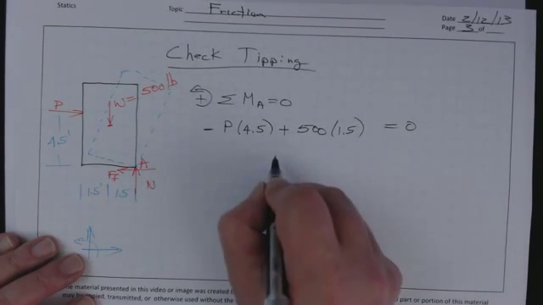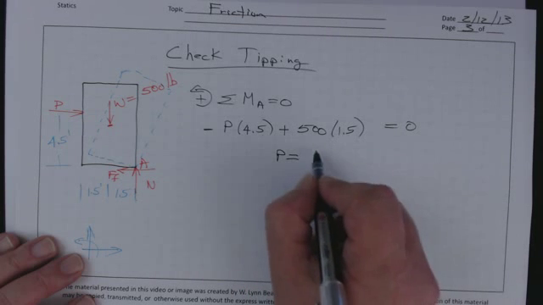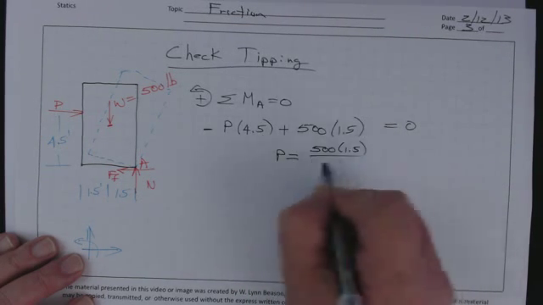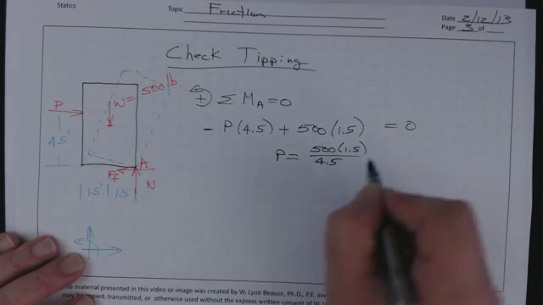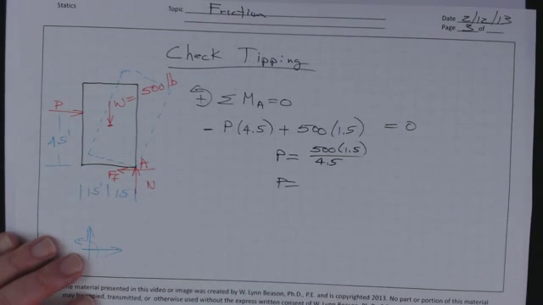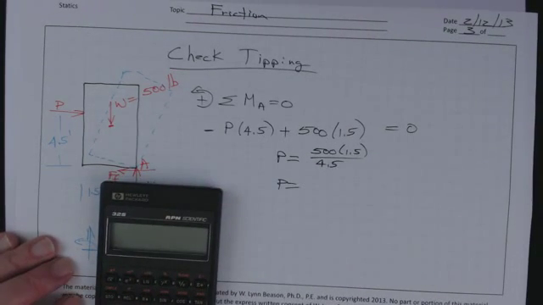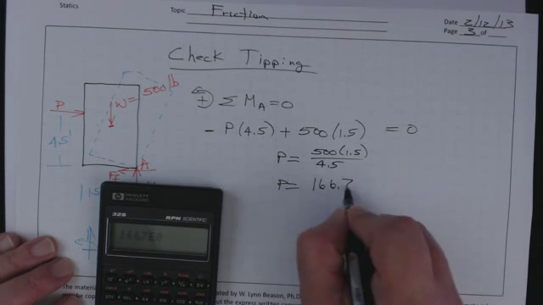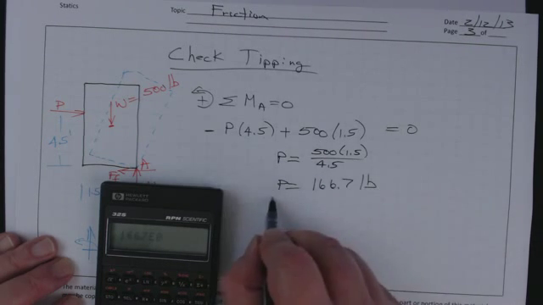And from that, it's easy to solve and see that 500 times 1.5 divided by 4.5, and let me get my calculator out here. I think I know the answer, but you can never be too sure. So 500 times 1.5 divided by 4.5, this value turns out to be 166.7 pounds.